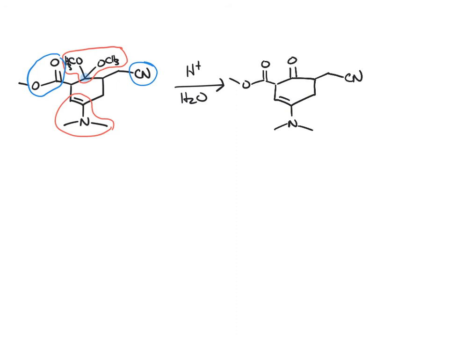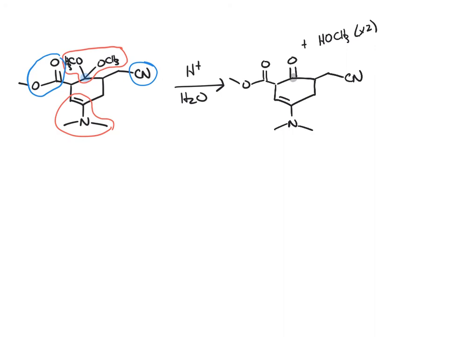So that becomes a C double bond O. And then these two OCH3 groups come off and become alcohols. All right, we don't need to write it twice since they're both the same. If you want to write that, okay, so we do that.